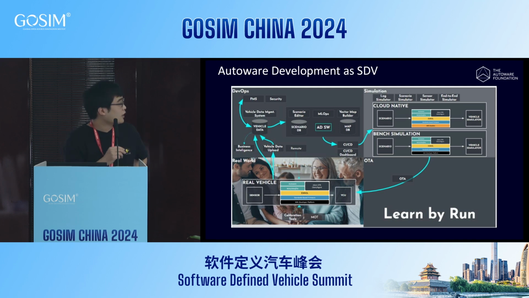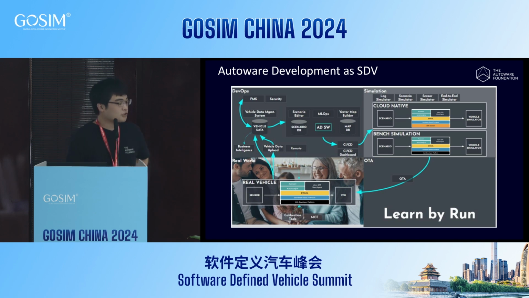For our concept of software-defined vehicle, our vision is that we have Autoware deployed to an actual real vehicle, which will be driving around the cities. While it drives around, it will collect data and send it to the cloud. This data is annotated and used for training to update the modules.